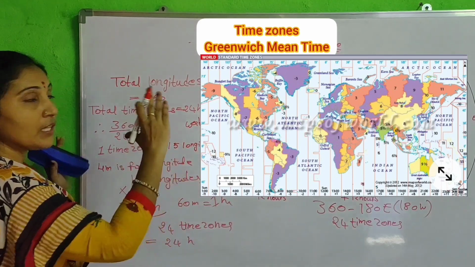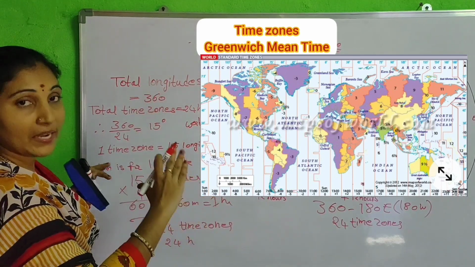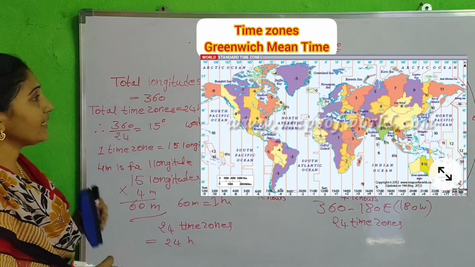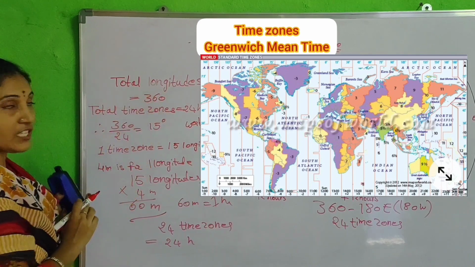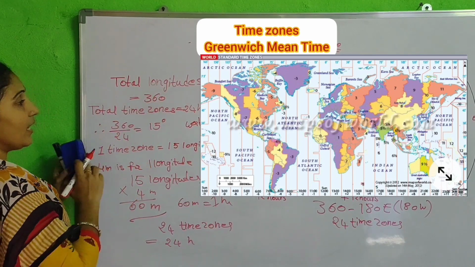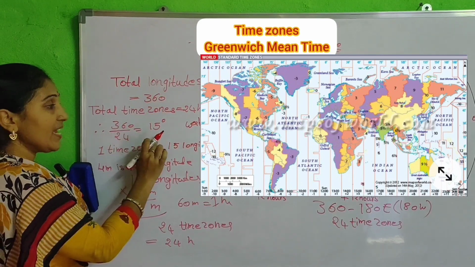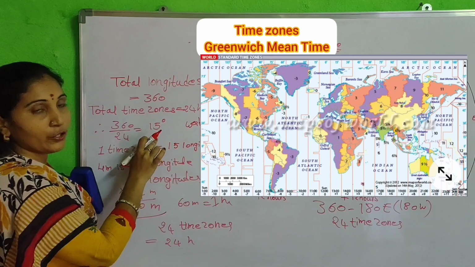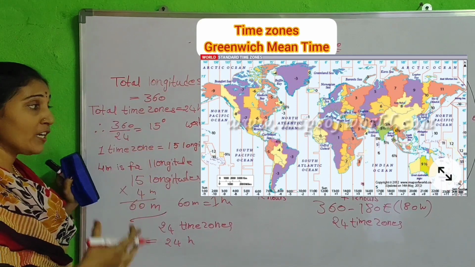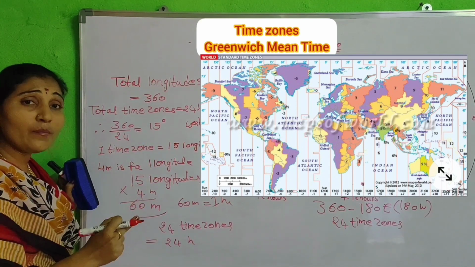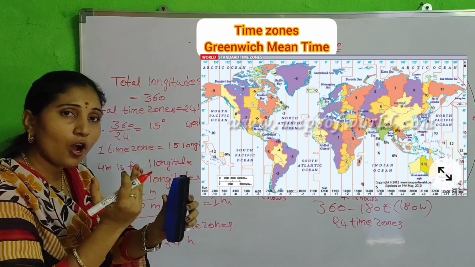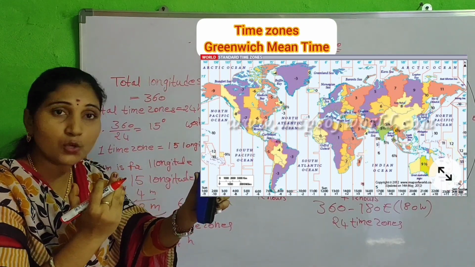So I think the count of the longitudes is very clear. Once again, see, total 360 longitudes, and when we divide 360 longitudes by 24 time zones, each time zone gets 15 longitudes. And it is very clear that it takes 4 minutes to travel from one longitude to another longitude. Not zone, children.